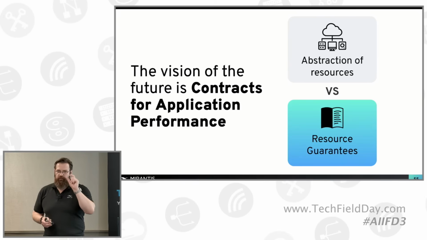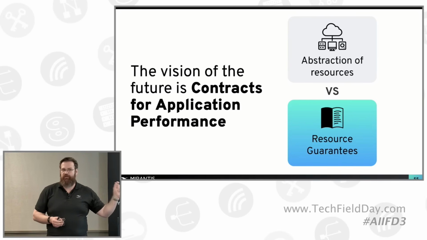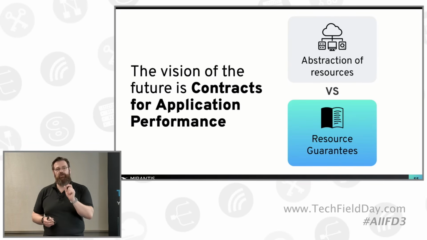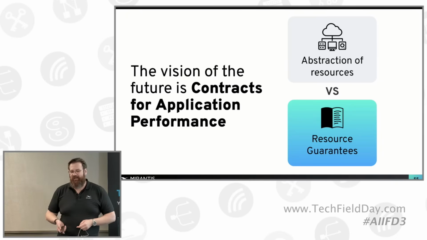And the infrastructure will take care of servicing the correct resources and even determining if you've asked for the correct resources. That's the long-term vision for the future. And this is where we're driving towards with this whole vertically integrated, horizontally integrated stack to give those resource guarantees before I trip over myself here. So thank you very much.